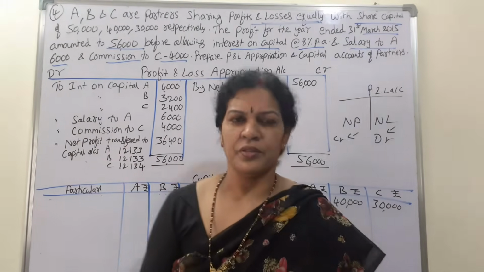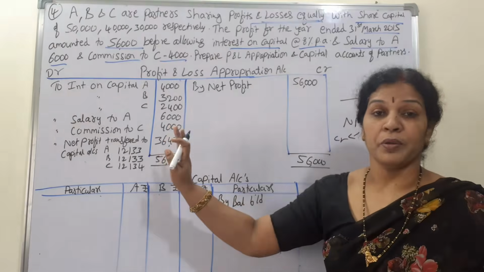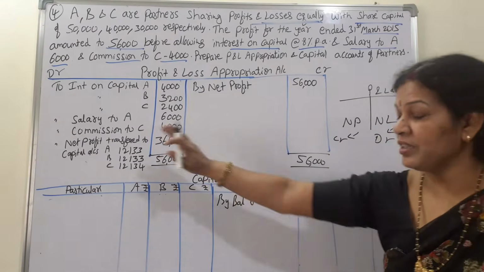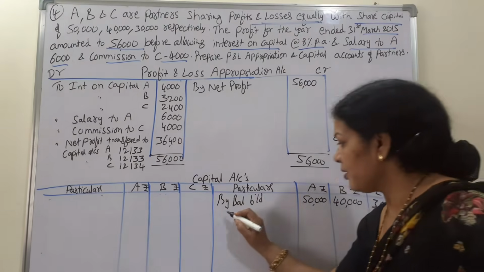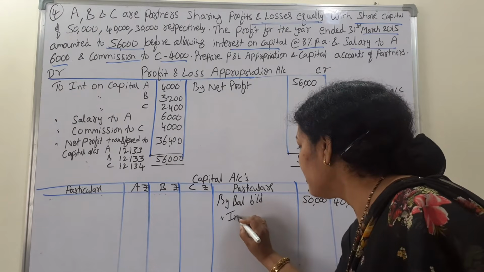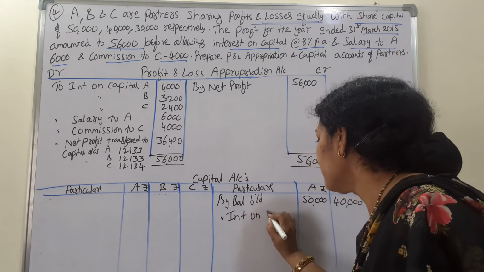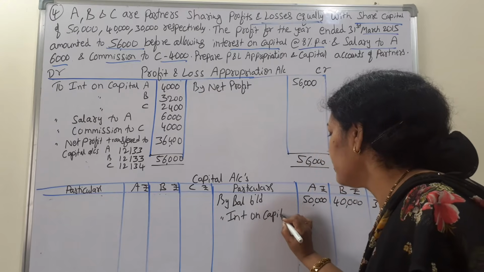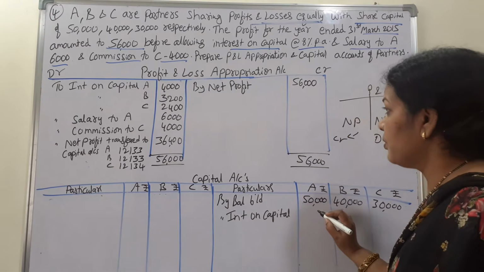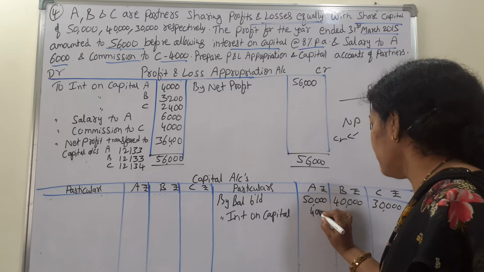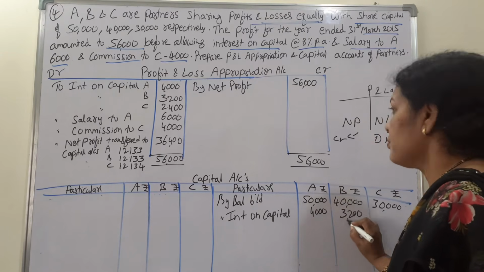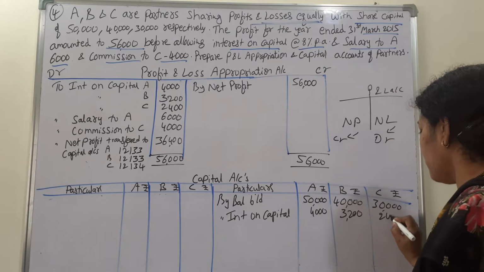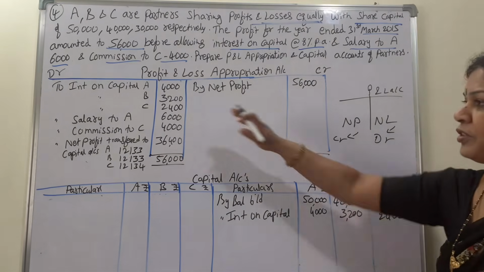Apart from this, from the profit and loss appropriation account we'll transfer this debit to credit. Okay, what is their interest on capital? 4,000, 3,200, 2,400. Interest on capital is over.